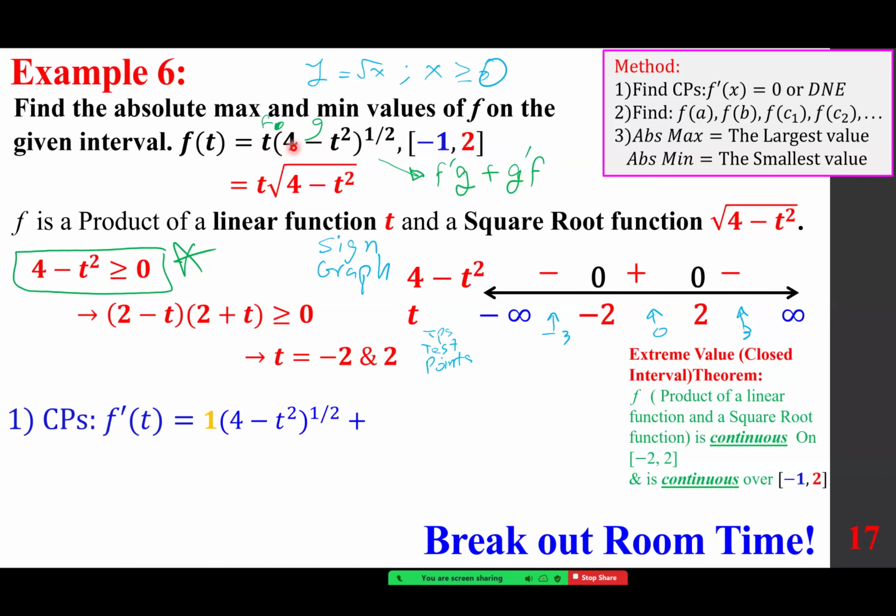Now we want g prime f. So the second piece we want to differentiate, and times t. The second piece: 1/2 times 4 minus t squared to the power of 1/2 minus 1, which makes it negative 1/2, times the derivative of the inside by the chain rule, which is minus 2t. Let me recap. 1/2 becomes the coefficient, same thing to the power of 1/2 minus 1 or negative 1/2, times negative 2t by the chain rule. And now that's g prime. What is f? Times t.